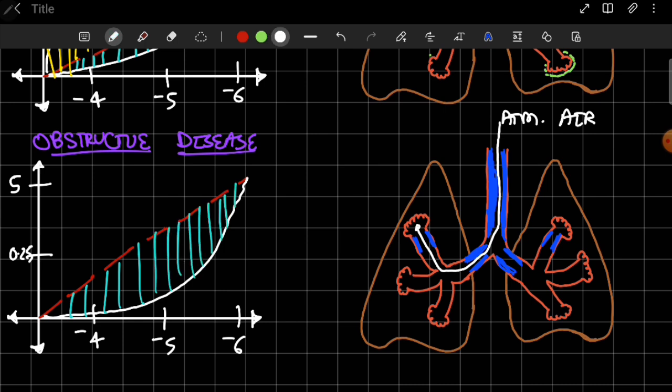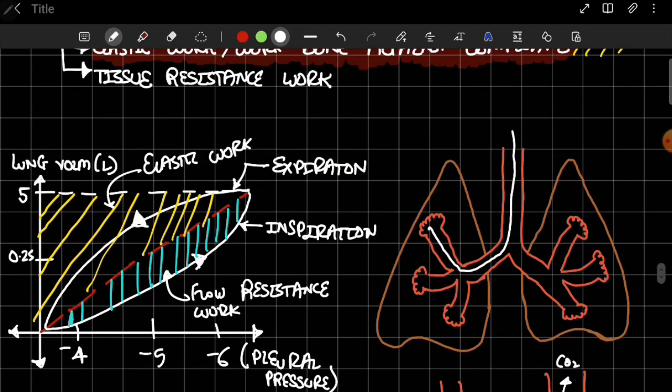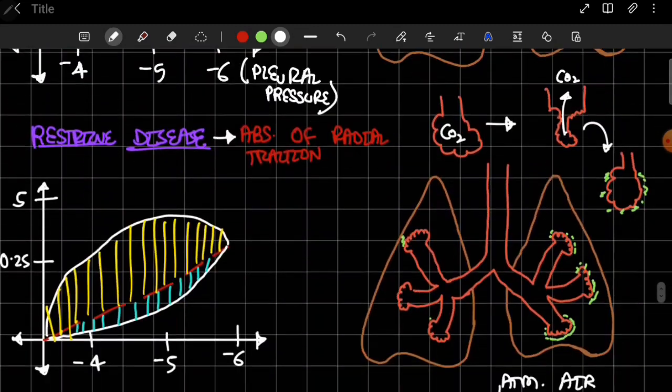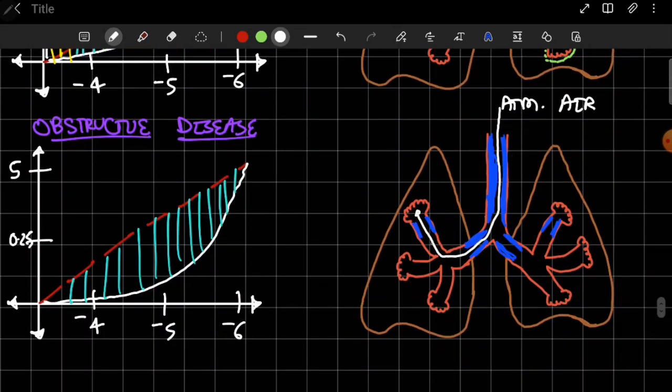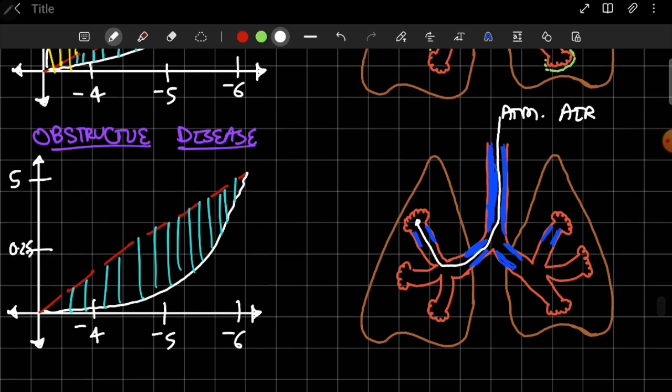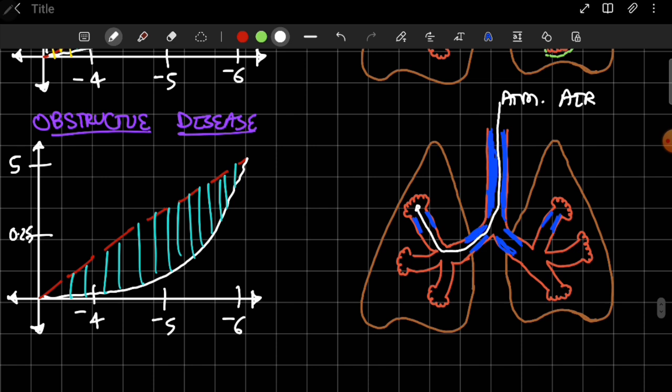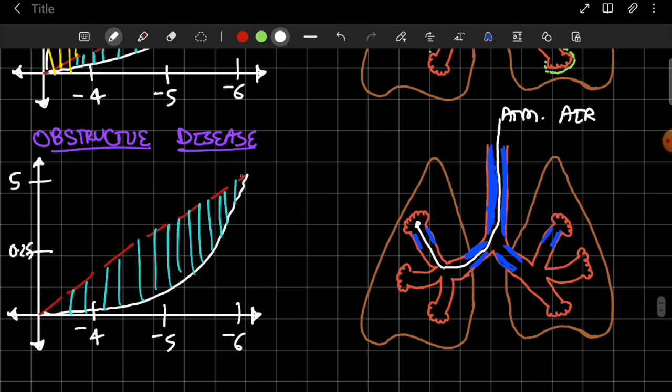Now if I am taking air in and throwing it out, what was this? The elastic work. I am taking air, it is going out. Minimal air out, so minimal exchange of gases, but the air is going out, so the lung will come to its normal position automatically. We are forcefully inspiring, but we can't control expiration.